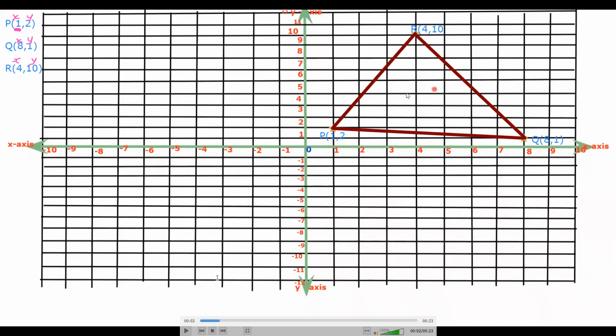Okay, so this object here is located at northeast. So when this object here is reflected on the X axis, the shape will be reflected towards the southeast, and that is where the image will appear here. And the distance from the mirror line to the object is the same distance from the mirror line to the image that will form.